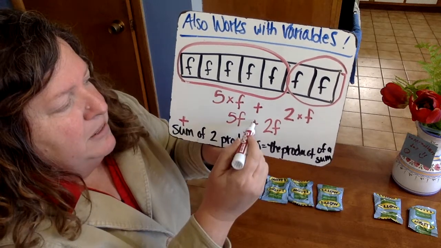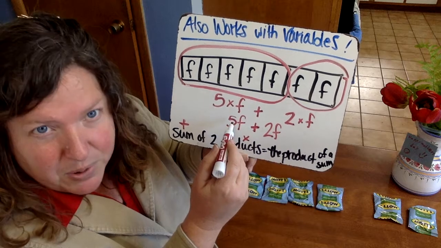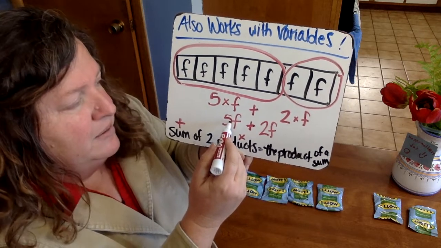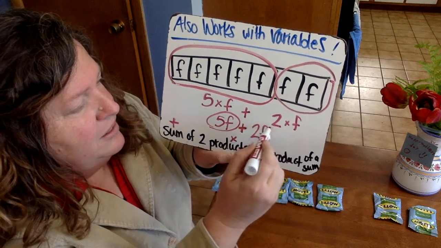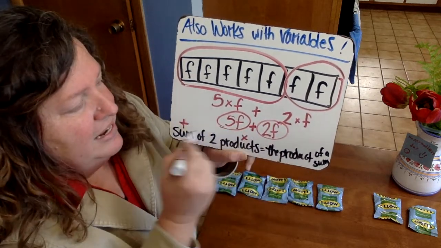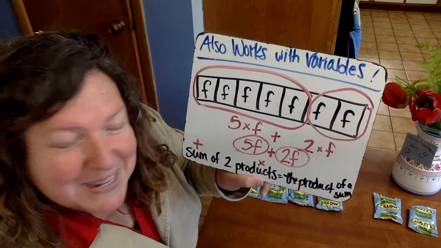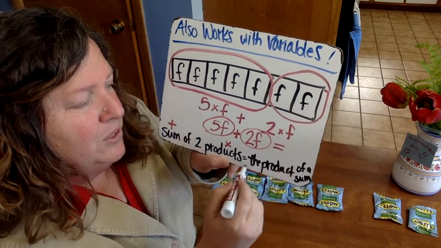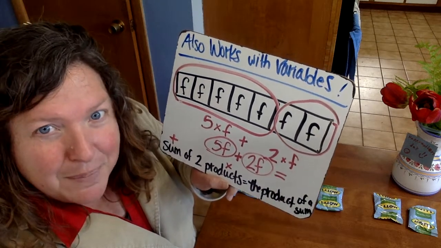This is the sum of 2 products. 5 times F is a product because it's multiplication. 2 times F is a product, so there it is. There's 1, 2, and we're adding them, the sum of 2 products. You see that? But that also equals the product of a sum.